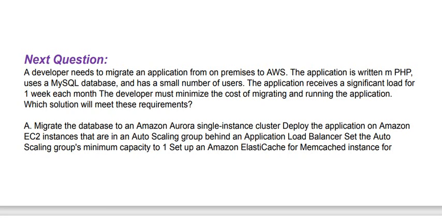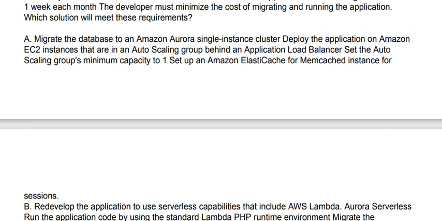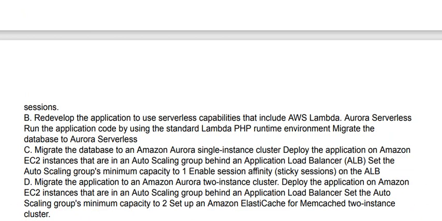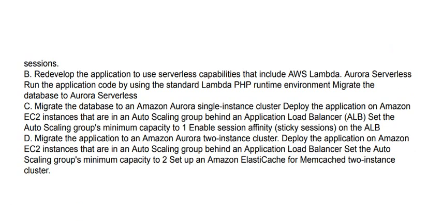Which solution will meet these requirements? Please go through the options. The correct answer is option C.